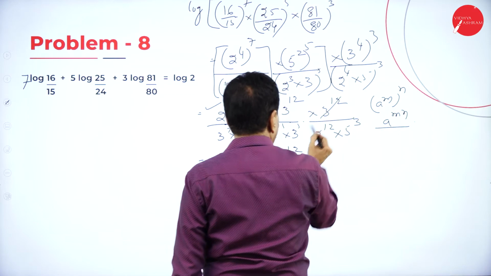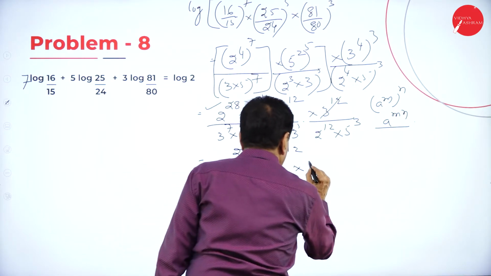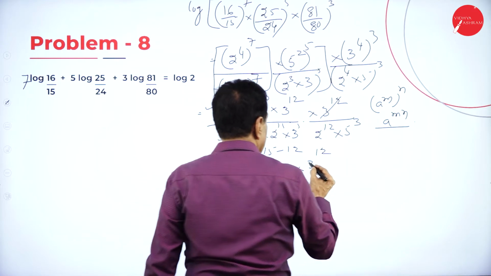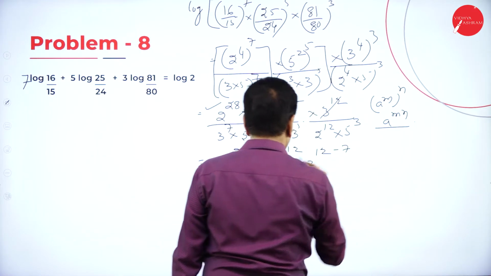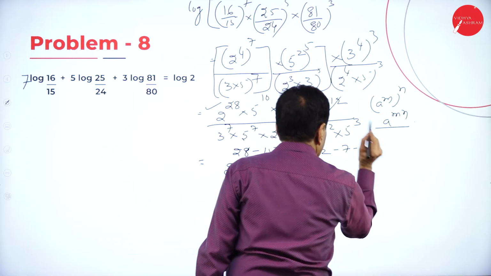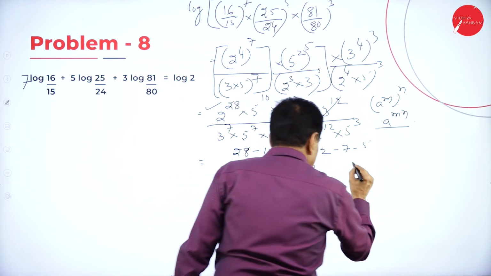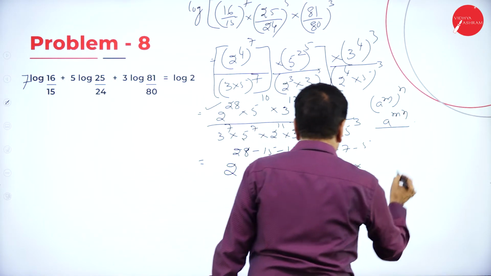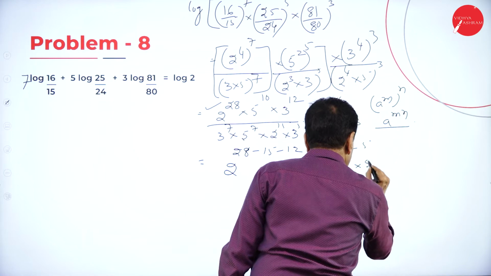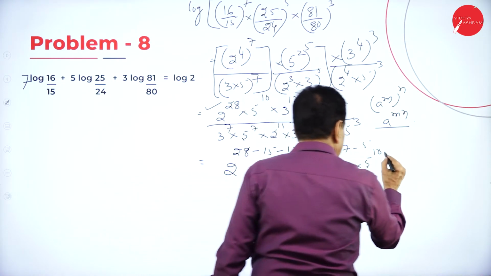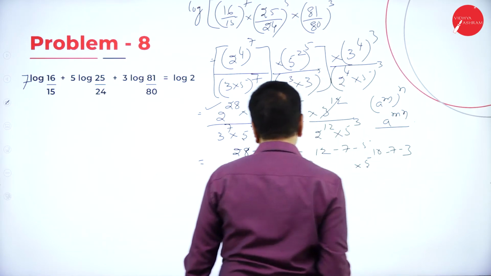This is repeated. 3 to the power of 12 minus 7 minus 5 into 5. 5 to the power of 10, then 5 to the power of 7 minus 3.